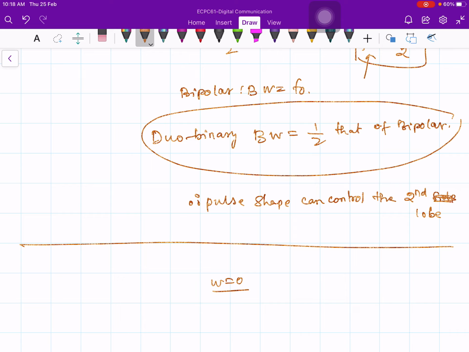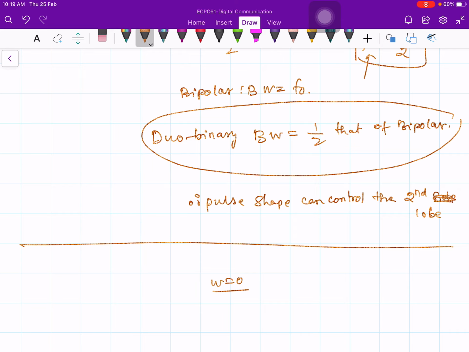We don't have a net DC level because alternating pulses are equal. That is, on the whole, equal numbers of pulses are likely to be positive and negative. So we have more or less similar properties to that of bipolar, except for one fact. What is that fact?